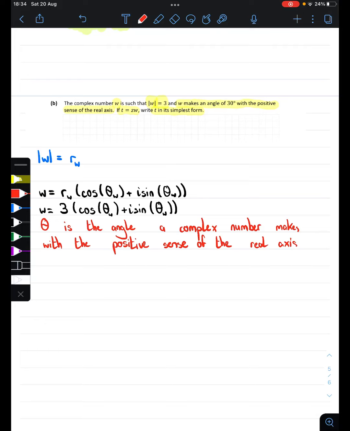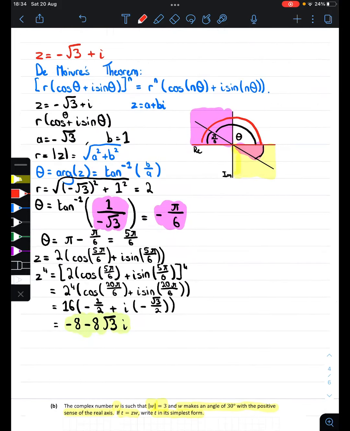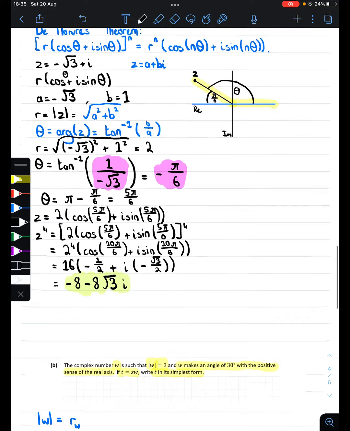Okay, so in the previous question, we said that theta was, let's just clear up this diagram a bit. So theta here was this angle, which is exactly the angle that the complex number z makes with the positive sense of the real axis. So this is the real axis, and so the positive sense of it is here. So the angle that z makes with here is exactly theta. That's how we define theta in the polar form.